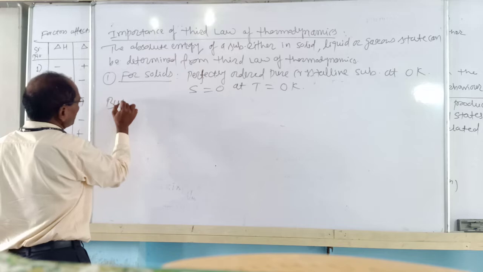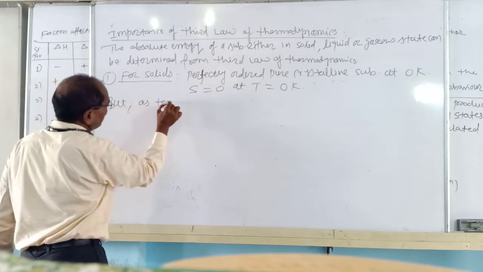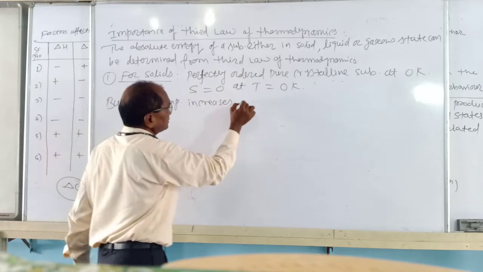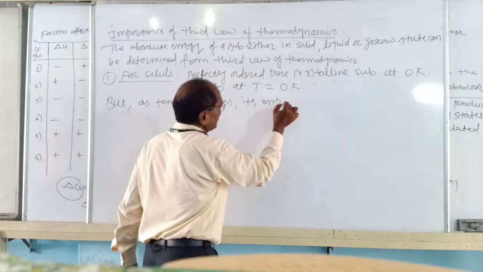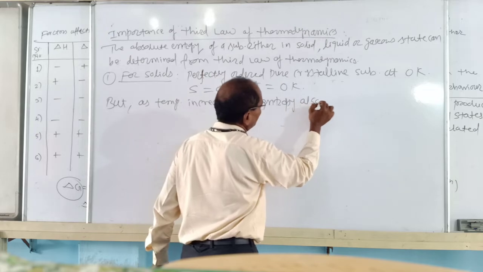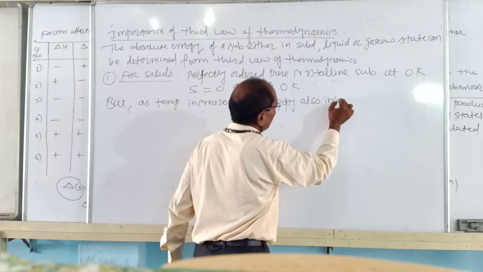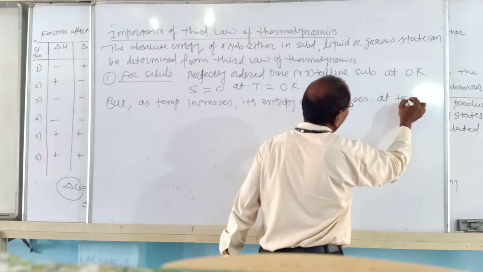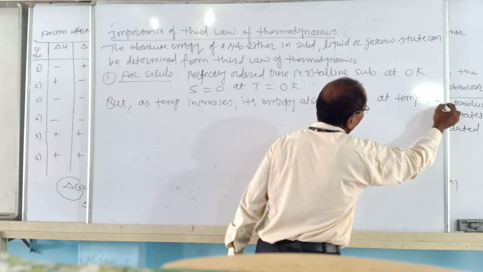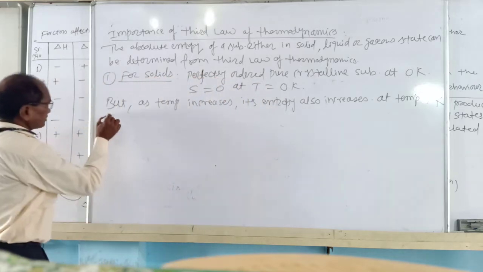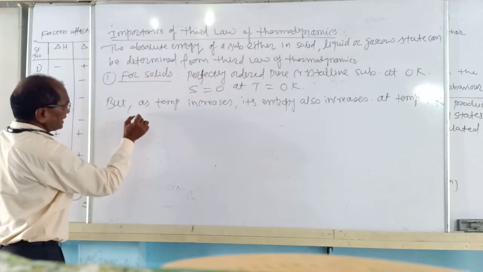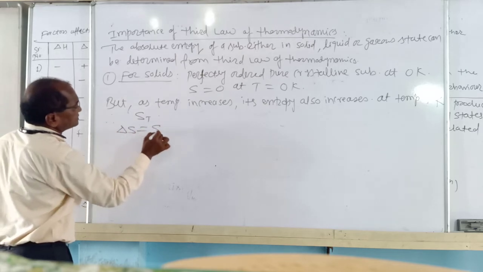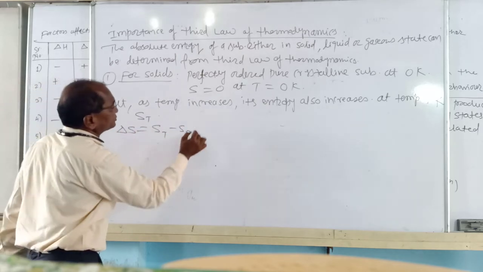But as temperature increases, its entropy also increases. At temperature T Kelvin, the entropy is ST. The change in entropy delta S is equal to ST minus S0.